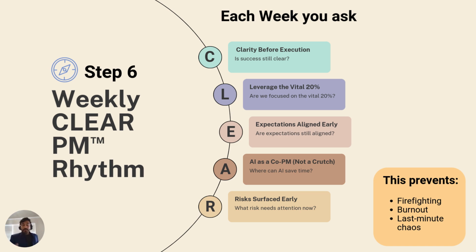Is AI saving my time or not? And is my risk defined and ready? Are people working on the risk or not? That always helps me reduce firefighting, burnout, and last-minute chaos, because you are giving a clear path to your team. You are telling them, hey, this is what we need.